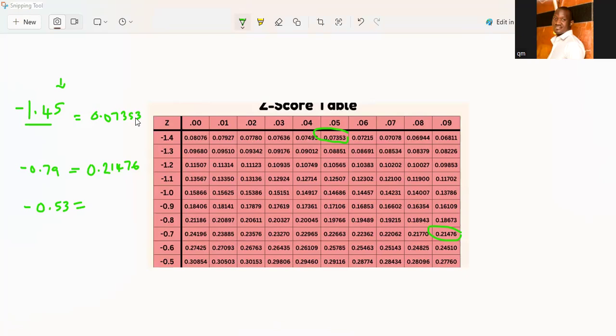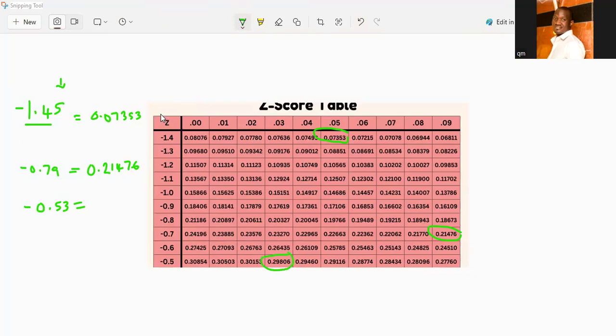So try this one. What is 0.53? What is the reading? 0.29806, this one.